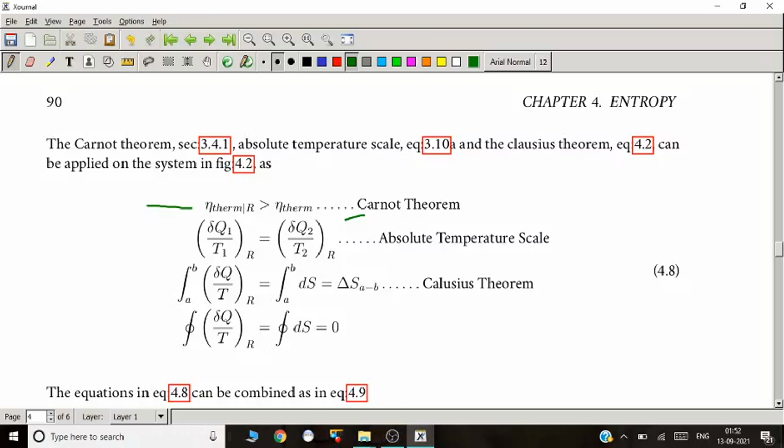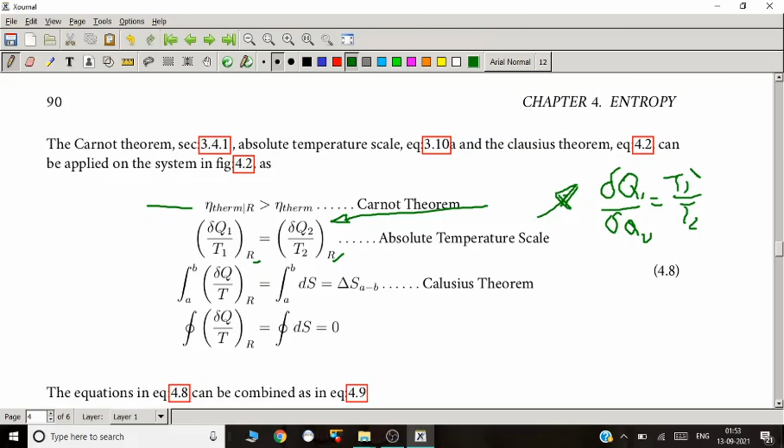And from the absolute temperature scale we know that delta Q1 by T1 for a reversible process is equal to delta Q2 by T2 for a reversible process. The definition of the absolute temperature scale is that delta Q1 by delta Q2 is equal to T1 by T2.